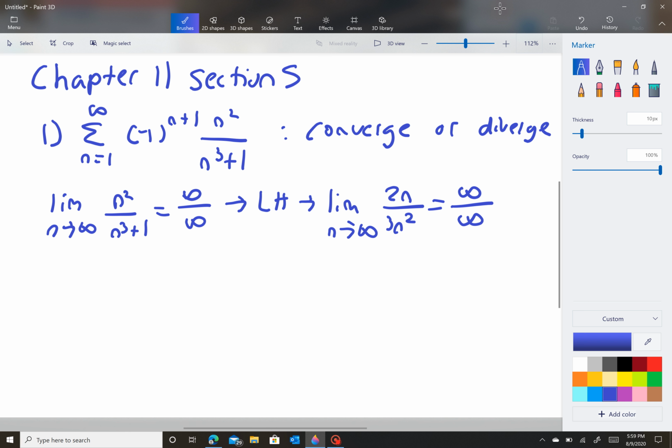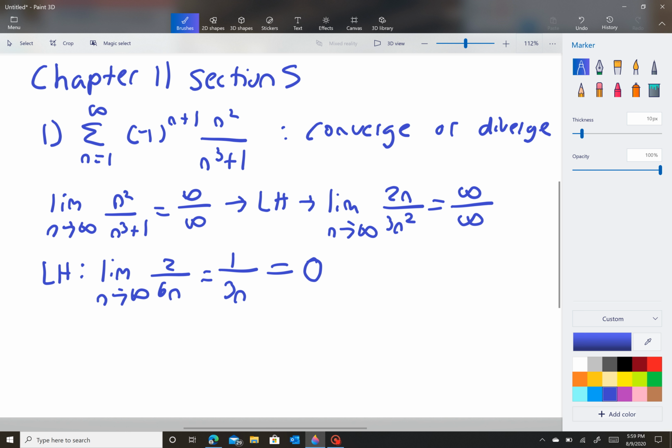So L'Hopital's rule is in place again. Take the derivative again, so the limit as n approaches infinity of 2 over 6n. Now I'm going to simplify that to be 1 over 3n. And as I plug in infinity, it is going to be 0, because you have a very, very large denominator and a very small numerator.